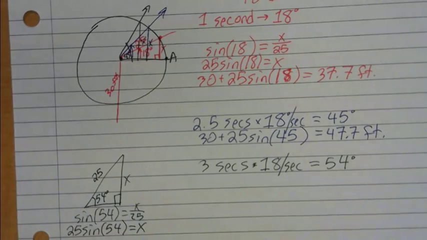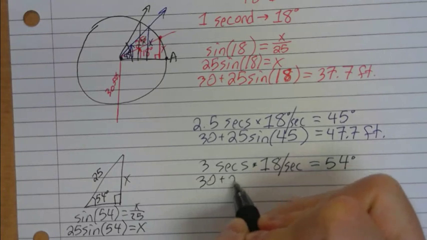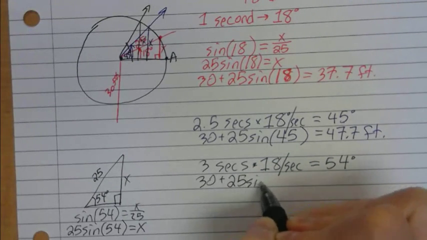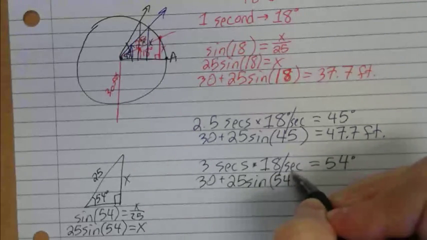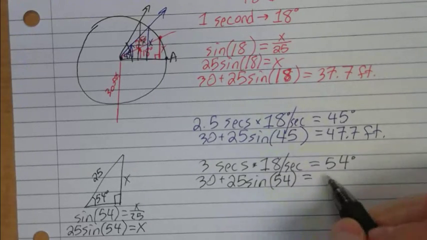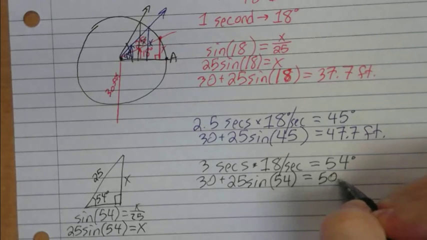So you can see how similar that is, and we would just be doing 30 plus 25 sine of 54 degrees, and that would equal, as an answer, 50.2 feet off the ground.